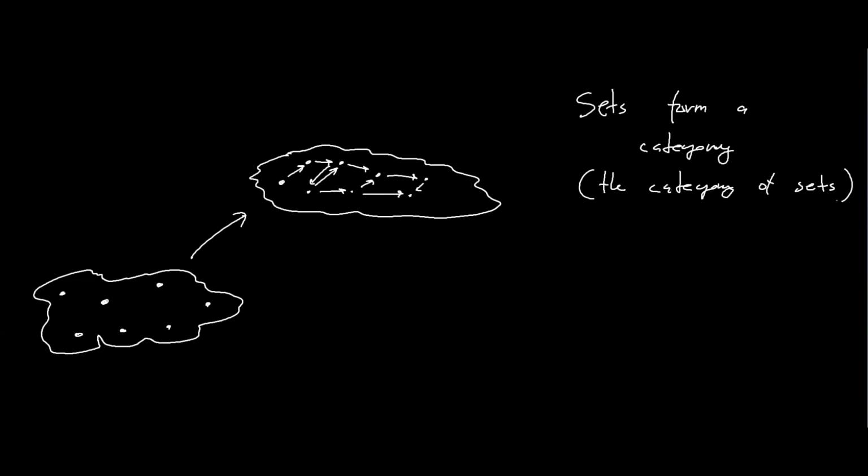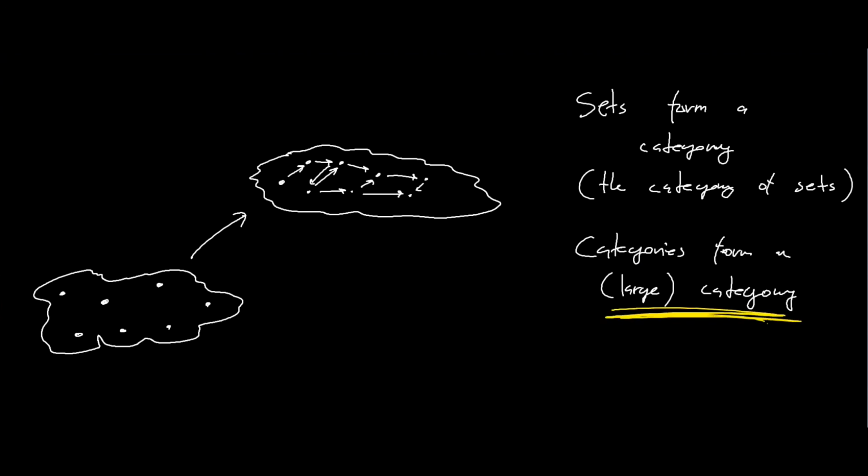And when we move from sets to categories, the objects obtain these arrows between them. Now, categories form a category as well. More precisely, a large category. And just like in the previous case, we are expecting these things to have more complex information than these ones did.